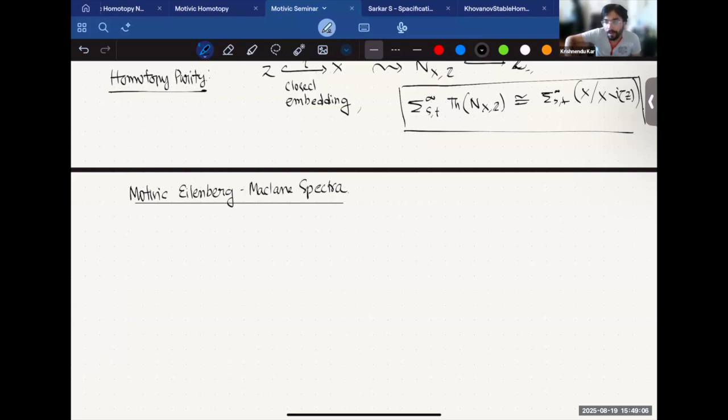So let's recall how we usually define Eilenberg-MacLane spectra associated to Eilenberg-MacLane spaces in the topological case.